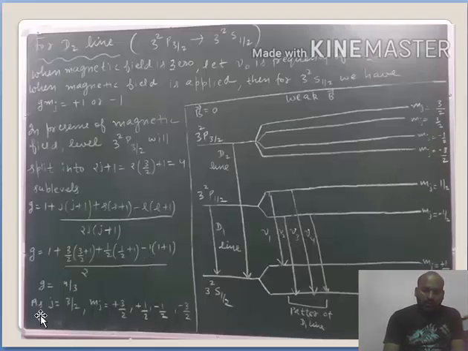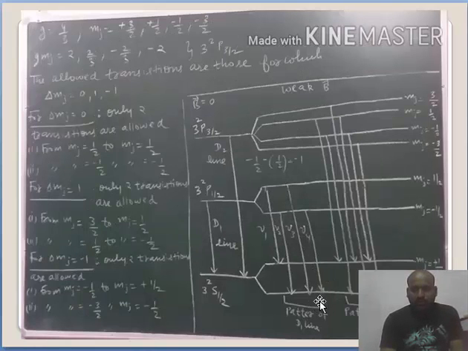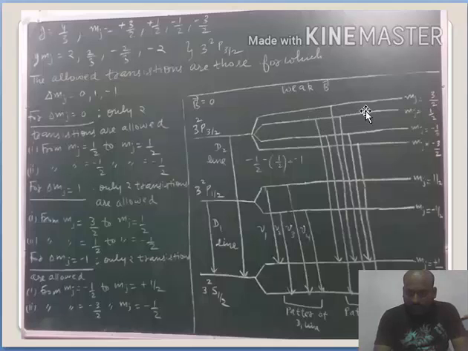When you are applying all the values, j is 3/2 and the mj value, so how the transition takes place from this energy level to this energy level, I will show you. Here, look, the values should obey the magnetic selection rule. First energy level, the value is plus 1/2, here it is plus 1/2, plus 1/2 minus plus 1/2, again we get the value of 0, that obeys the selection rule.